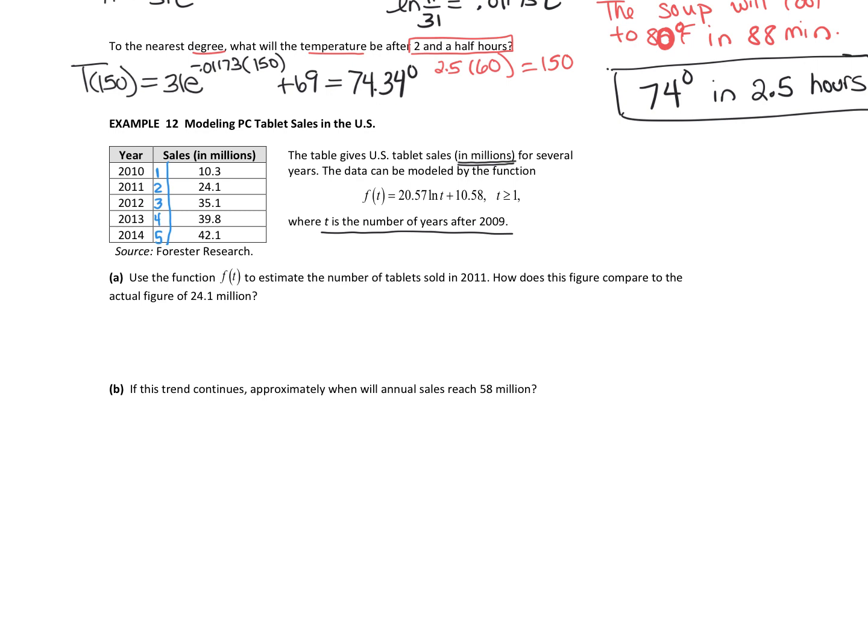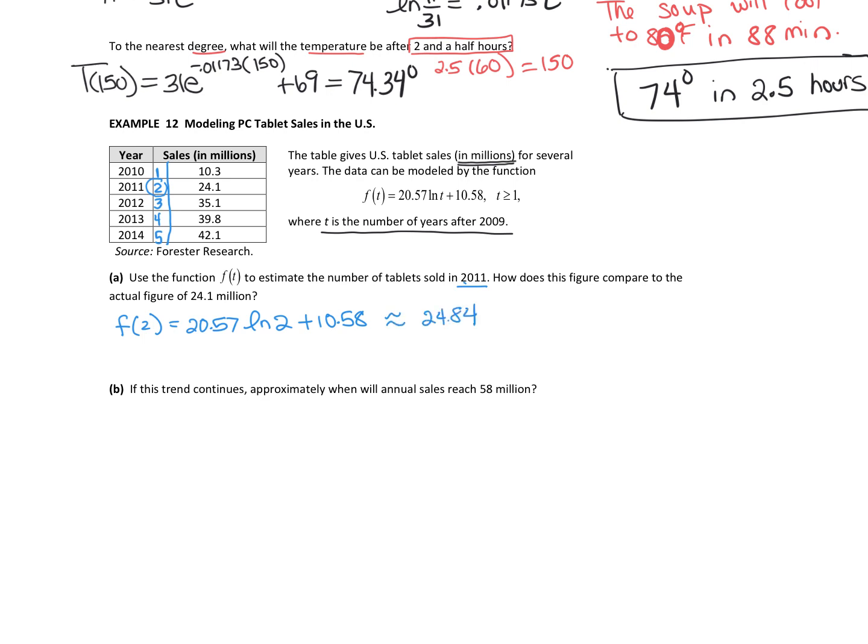Use the function to estimate the number of tablets sold in 2011, and how does it compare to the actual figure of 24.1 million. So we're going to use this 2, and we're going to find f of 2. Plugging this in, we get 20.57 times the natural log of 2 plus 10.58, and we get approximately 24.84.